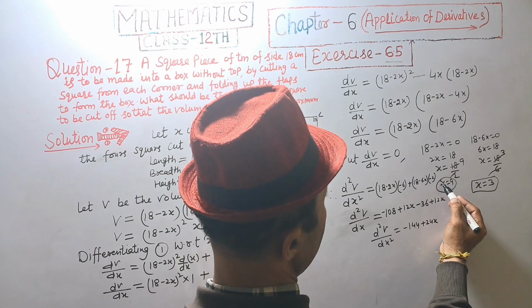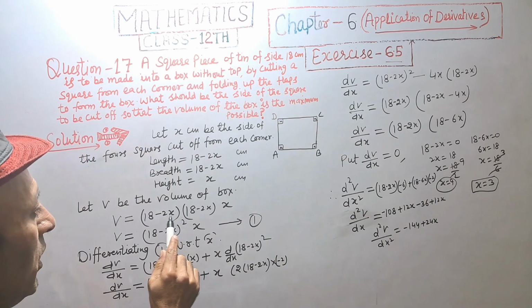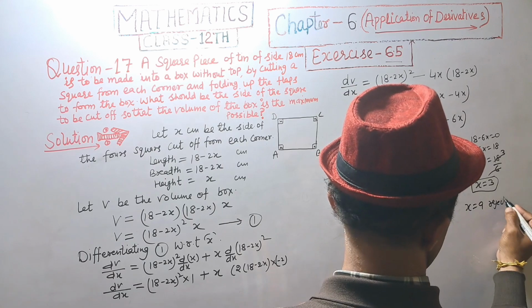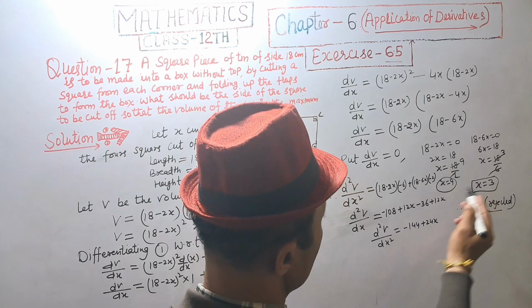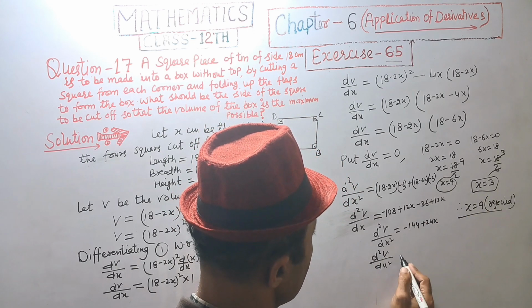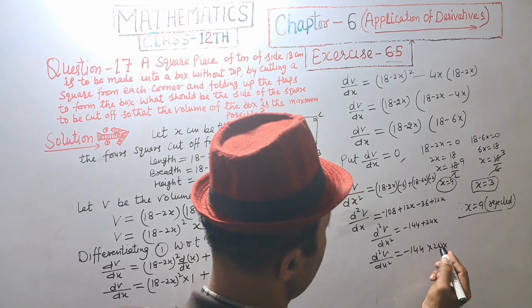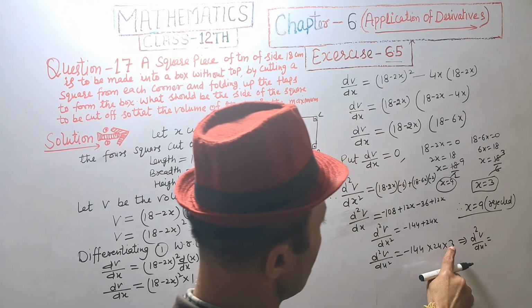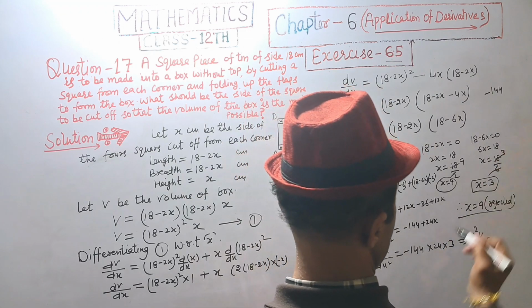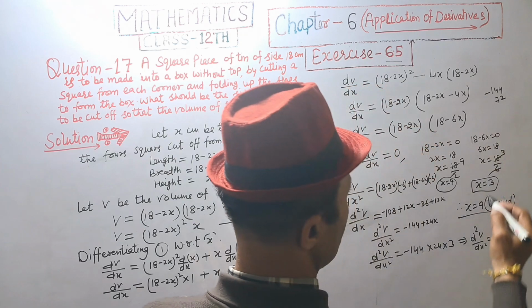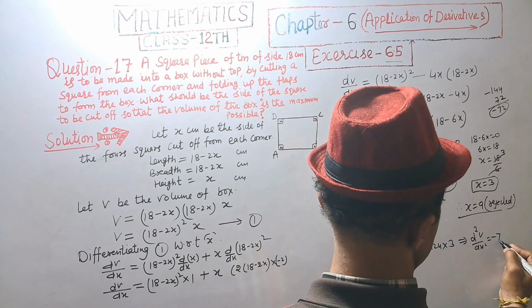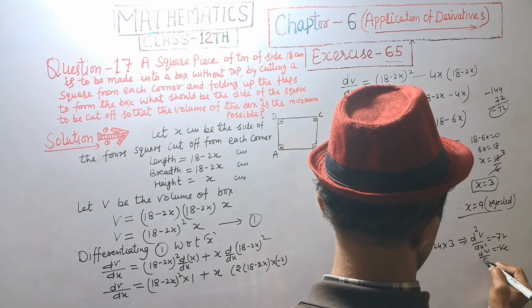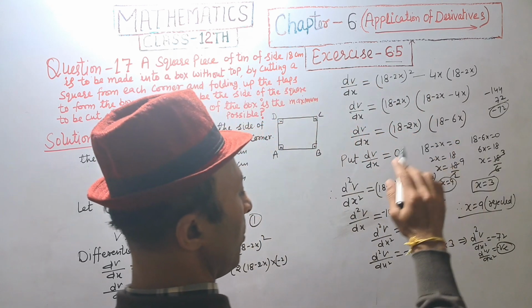When we put x equal to 9, this will be 0, so x equal to 9 is rejected. For x equal to 3, the double derivative d square V upon dx square is equal to minus 144 plus 24 multiplied by 3, that is minus 144 plus 72, which is negative 72. Since d square V upon dx square is negative, it gives a point of maxima.